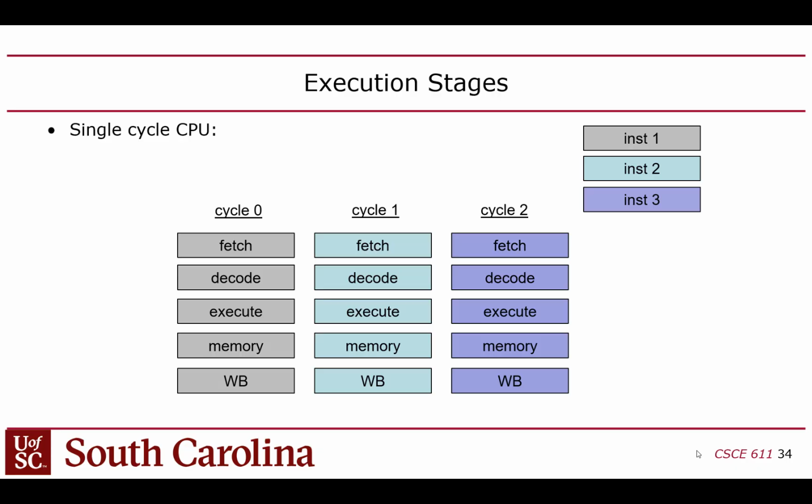And also, if you have enough stages in your pipeline, you have to be able to support forwarding, which is where you have an instruction that writes a register followed by an instruction that reads that register.